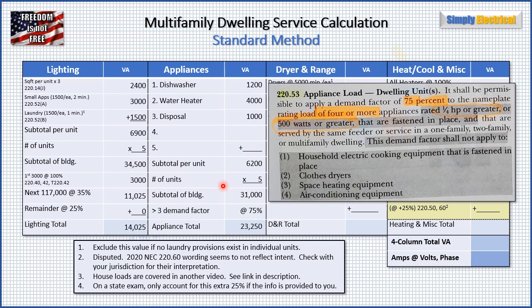So remember, that demand factor and that limitation on the demand factor applies to the entire service, the whole building. So in multifamily, you're pretty much going to automatically be using a 75% demand factor of your subtotal building for appliance load. Well, that gives us an appliance total of 23,250, 75% of 31,000.